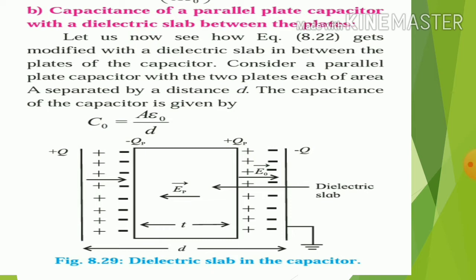Then between the two parallel plates, a thin dielectric slab is introduced. This thin dielectric slab is substituted between the first and second plate of the parallel plate condenser.